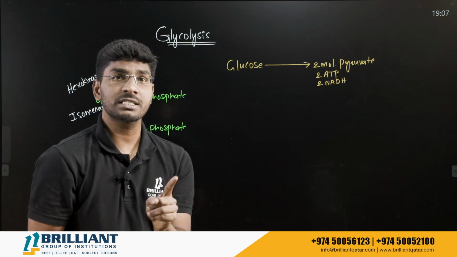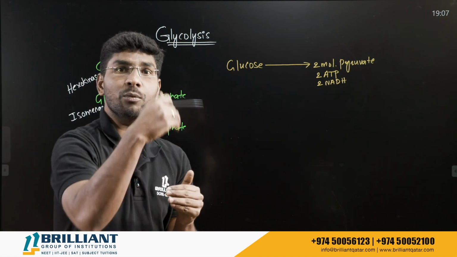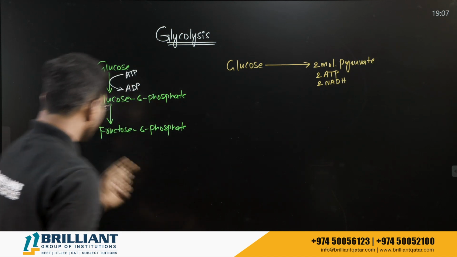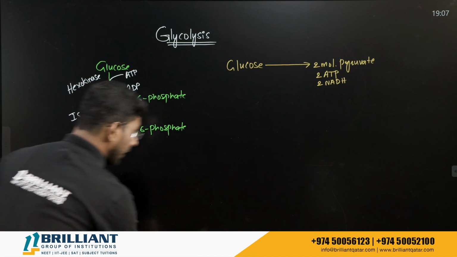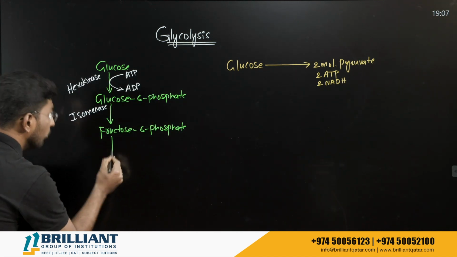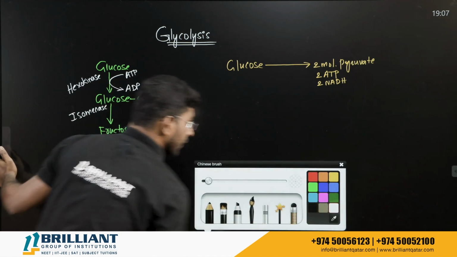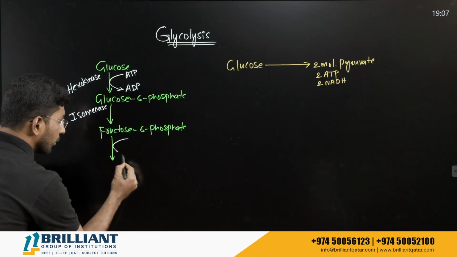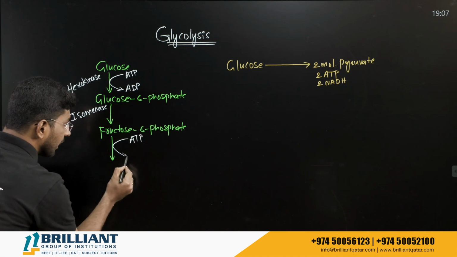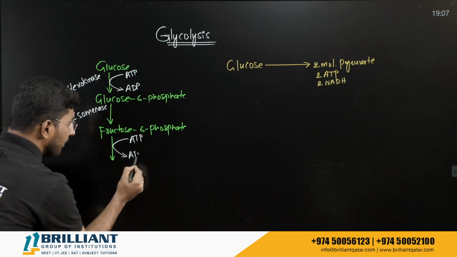Now fructose 6 phosphate again takes 1 phosphate from ATP. This fructose 6 phosphate again takes one more, tell me what? Phosphate from ATP. Now look here, ATP is giving one more phosphate and converts into ADP.